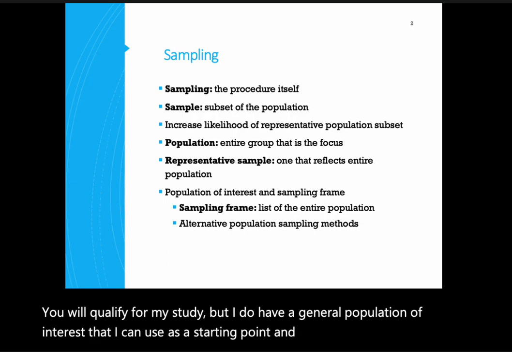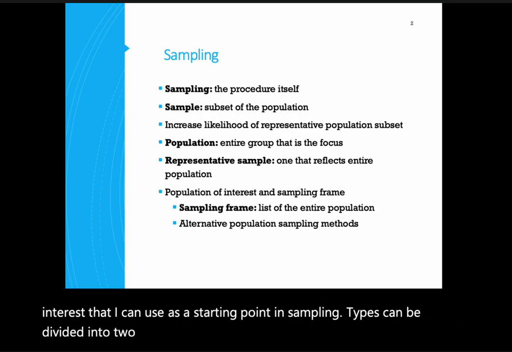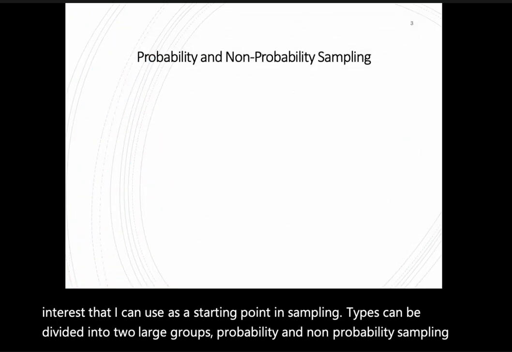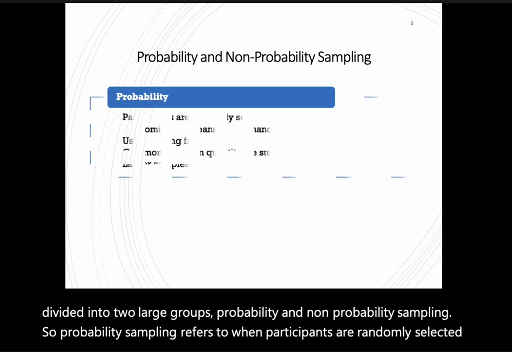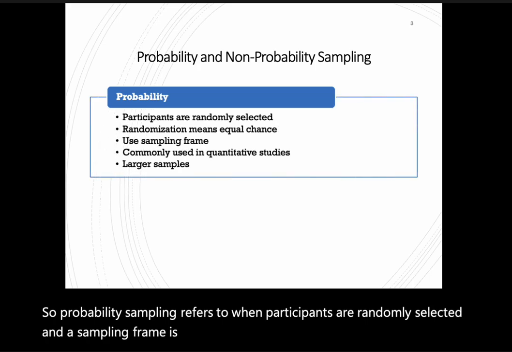Sampling types can be divided into two large groups: probability and non-probability sampling. Probability sampling refers to when participants are randomly selected and a sampling frame is often used.